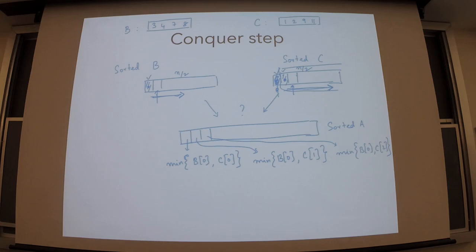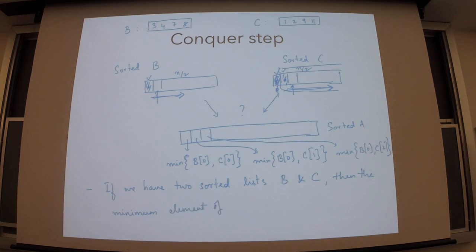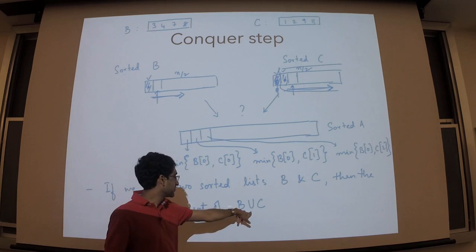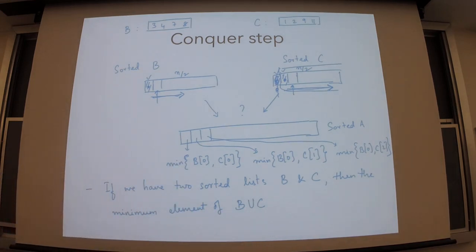Okay. So the simple thing you're using is that, for B and C, for B union C. Okay, so I'm going to slightly misuse notation and say B union C. If there are elements repeated, I just mean you take them twice.